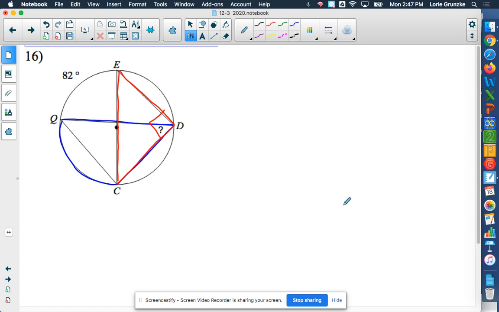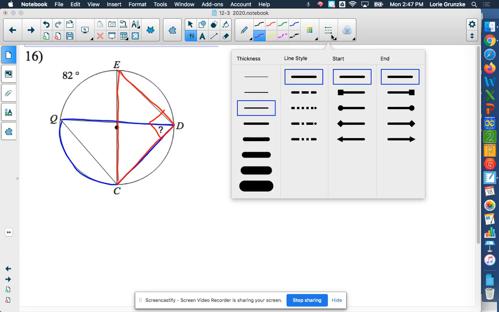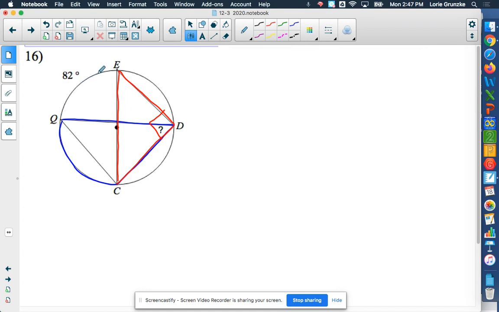What else do I know? I'm going to take another color. This arc, this purple arc, goes with that angle. I don't know that one either. I'm a little bit stumped. Give me a moment.